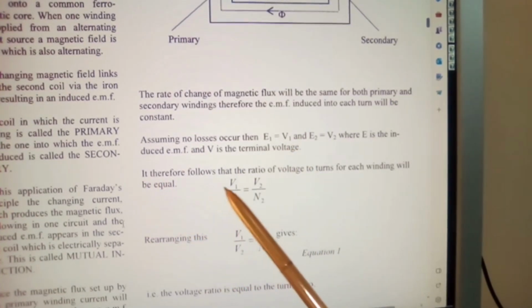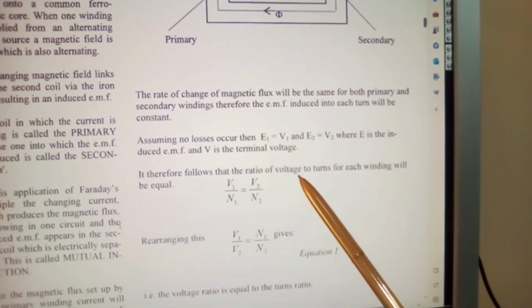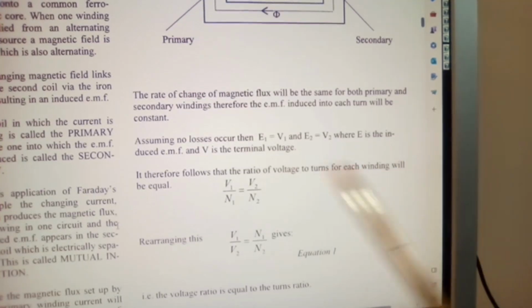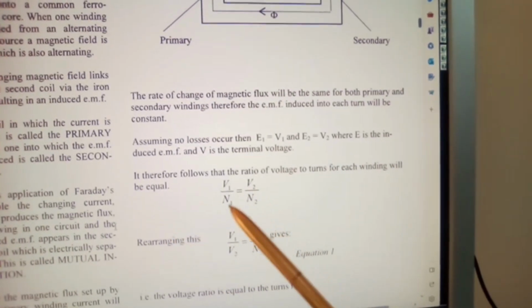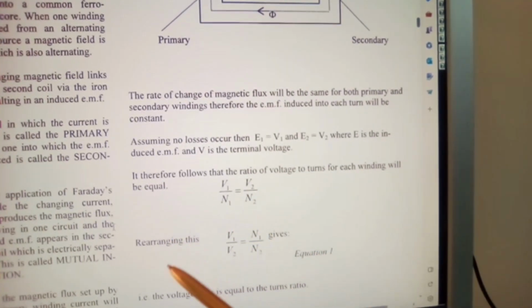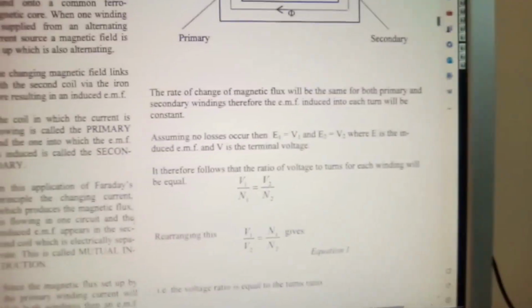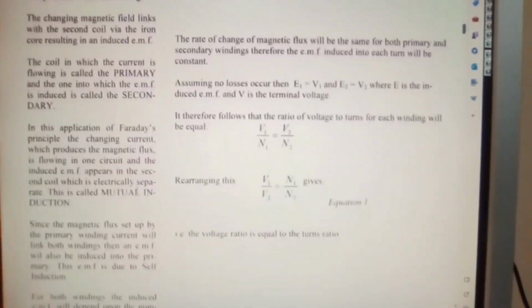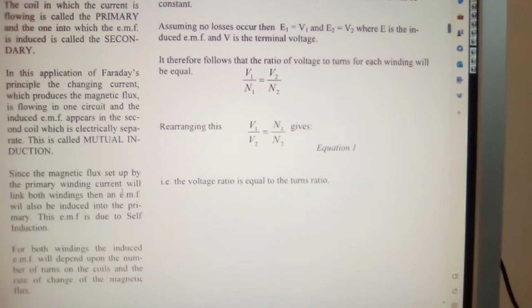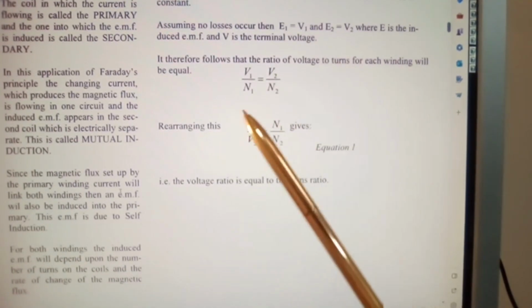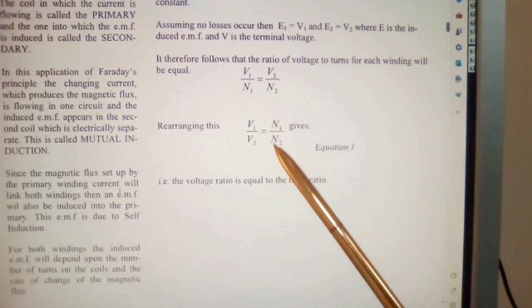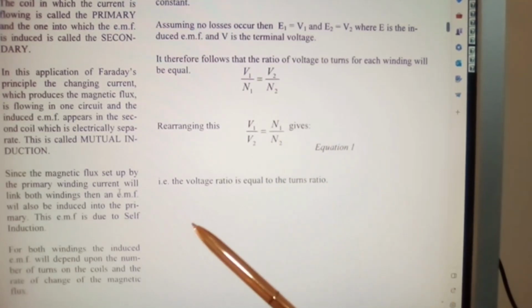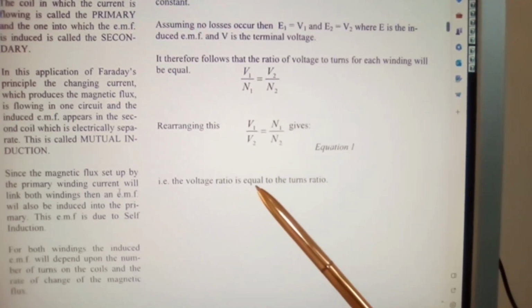It therefore follows that the ratio of voltage to turns for each winding will be equal: V1 over N1 equals V2 over N2. Now we rearrange this: V1 over V2 equals N1 over N2, giving equation 1, i.e. the voltage ratio is equal to the turns ratio.